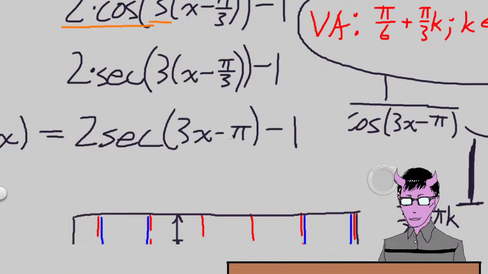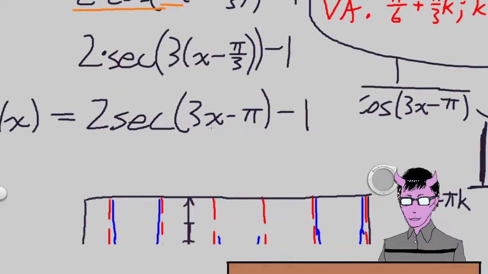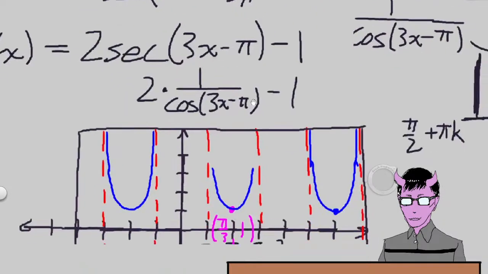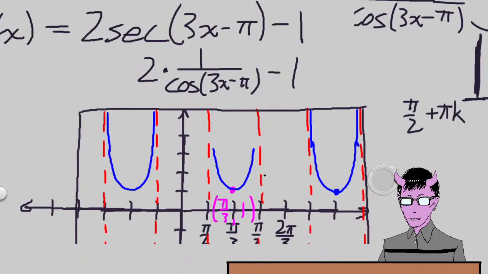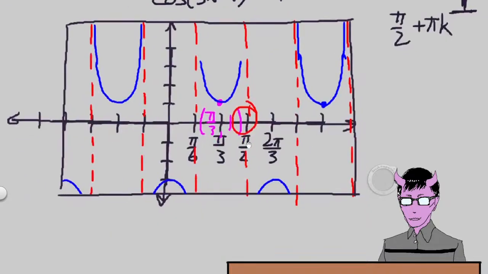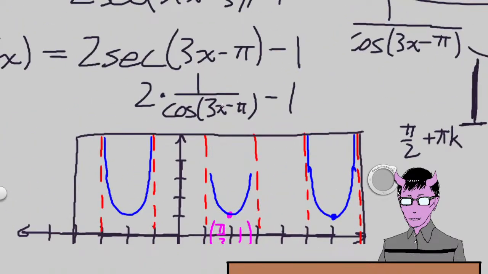So rather than plugging in pi over 2 directly, which will cause this function to fail, we're going to plug in something very close. But let's treat it as a cosine function real quick. So just to reiterate, the idea is if we try to put in the vertical asymptote pi over 2 directly into here, it will fail.